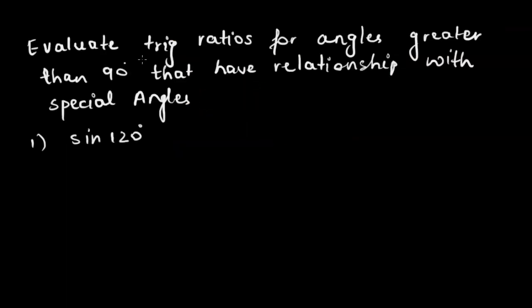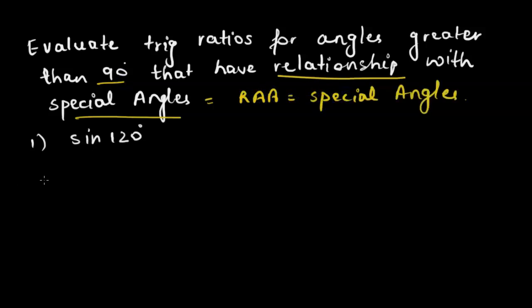Now let's say we have to evaluate trig ratios for angles greater than 90 degrees that have a relationship with special angles. What do we mean by this relationship with special angles? This means that we're talking about those angles greater than 90 degrees that have a related acute angle equal to a special angle. To do these types of questions, there are steps that we have to follow.